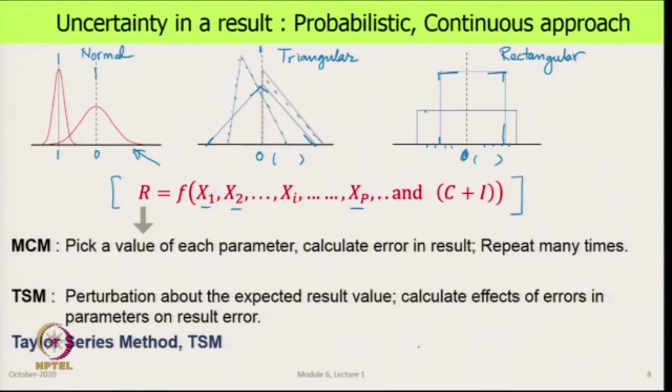So, what we have is that you could have a situation where x 1 is following triangular distribution function, x 2 is coming from the normal distribution function, x p is coming from the rectangular distribution function. That is one case, or it could be that all of them are coming from the normal distribution function, or that we assume that some are coming from normal, some from triangular, or we say all of them are coming from rectangular. Any of these possibilities are there.